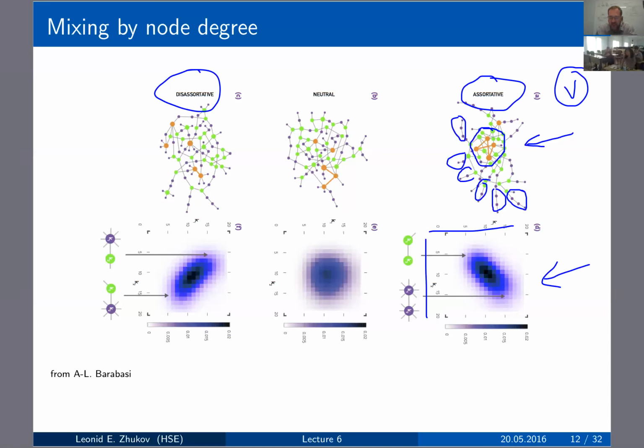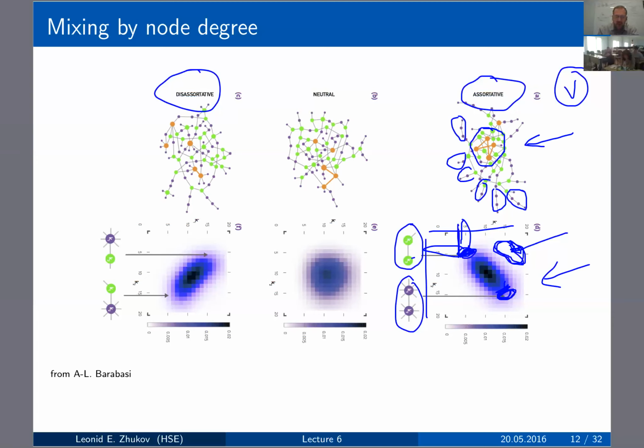If you notice, there is some intensity in the connections among low degree nodes, and there is also intensity here where high degree nodes connect to high degree nodes. But we don't see anything here, because this area would correspond to low degree nodes connecting to high degree nodes. It's missing that, and so that means this is assortative mixing.